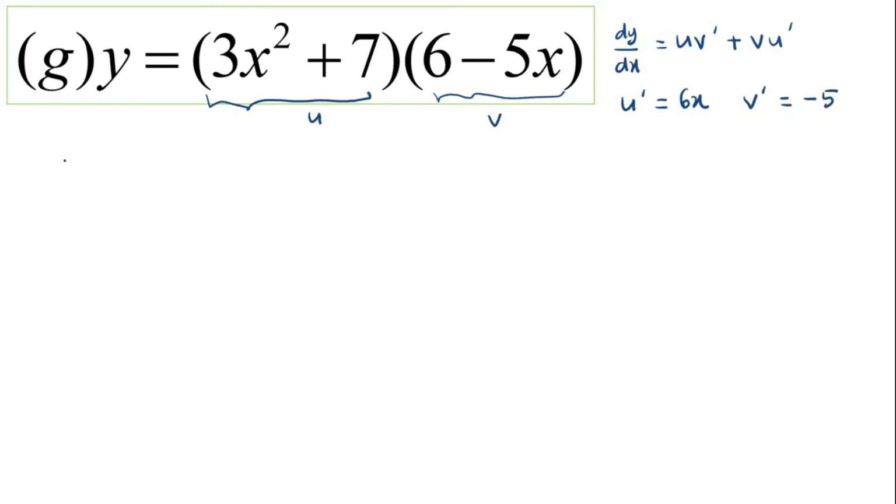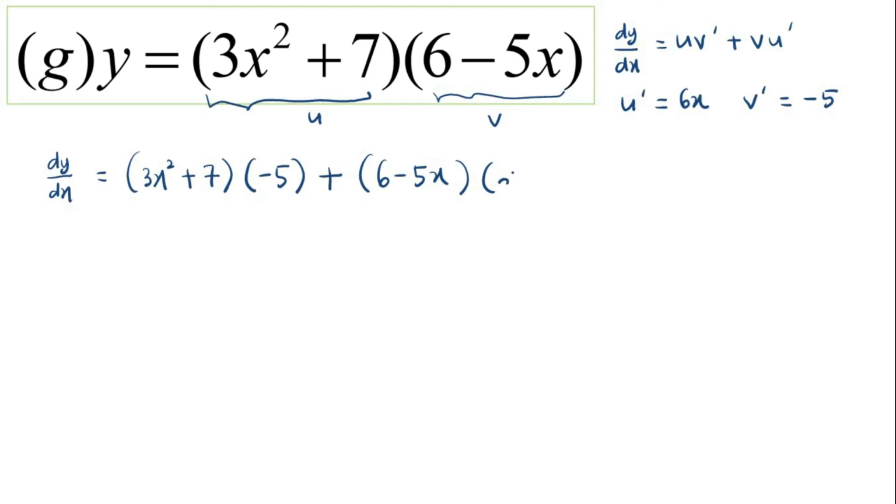Now you just have to substitute all the u prime and v prime back into the formula. So our dy dx here will be equal to uv prime, so 3x squared plus 7 times negative 5, plus our vu prime, so 6 minus 5x times 6x.